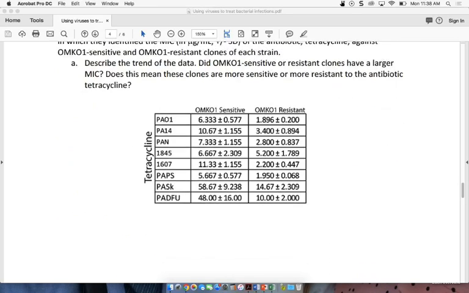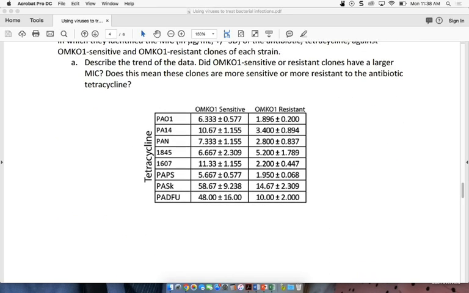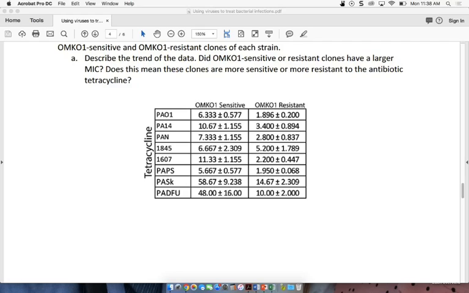So here is some data for that. This is looking at just one antibiotic, tetracycline. Tetracycline targets the ribosome. And here are a number of different strains. PA01, PA14, and PAN. The PA stands for Pseudomonas aeruginosa.